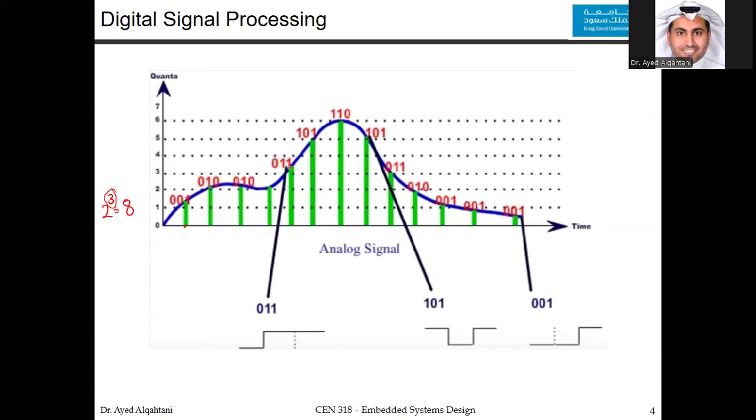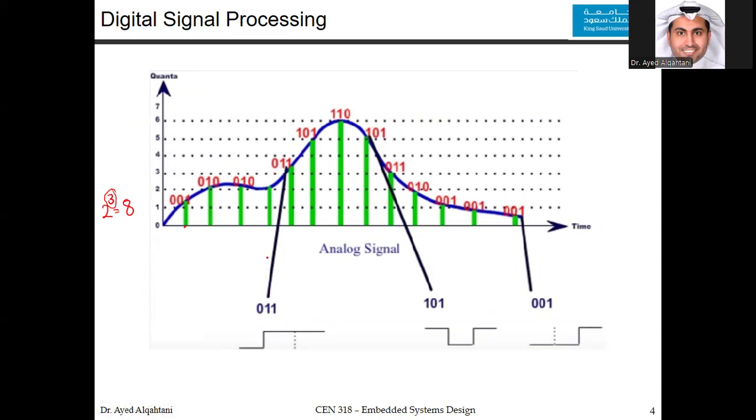And now we decided that it's going to be 011. That's the binary code for 3. And it could even be redrawn in digital format, like you have 0 here, followed by 1, followed by 1. Similar case for this digital signal and also for the other digital signal. You can try it yourself for practice.